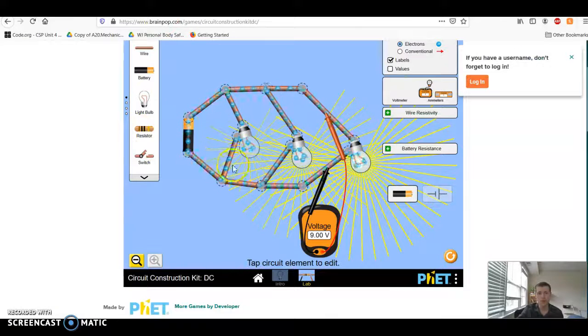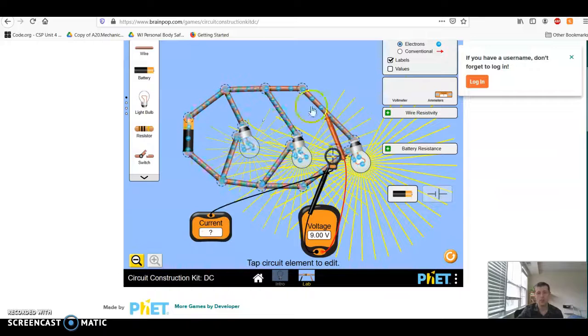What about current? You may already have some anticipation looking at these electrons. Some of them are moving much faster than others. So let's look at the current. Coming out of the battery on either side, we have 14.4 amps. Going down this way, only 0.9. Here, 4.5. And here, a whole 9 amps.